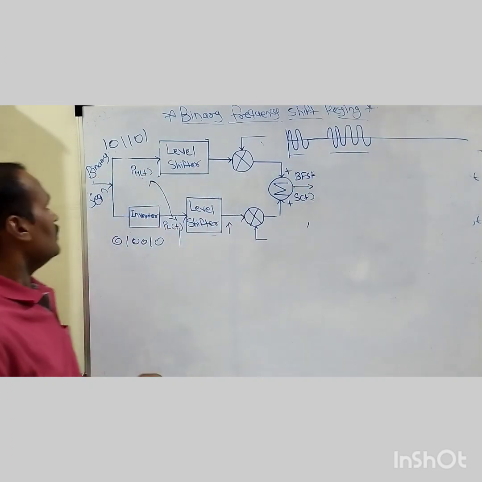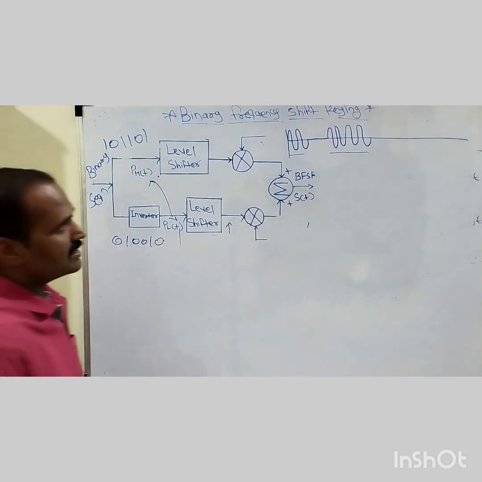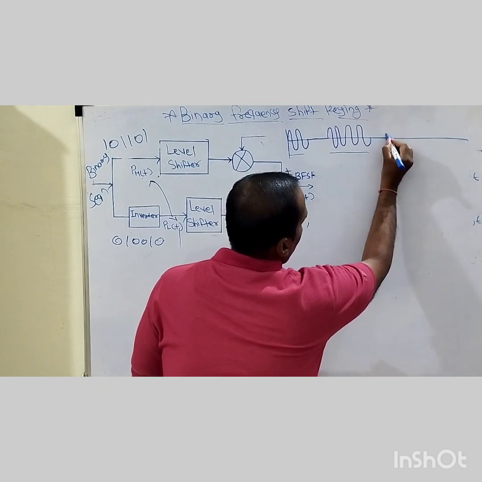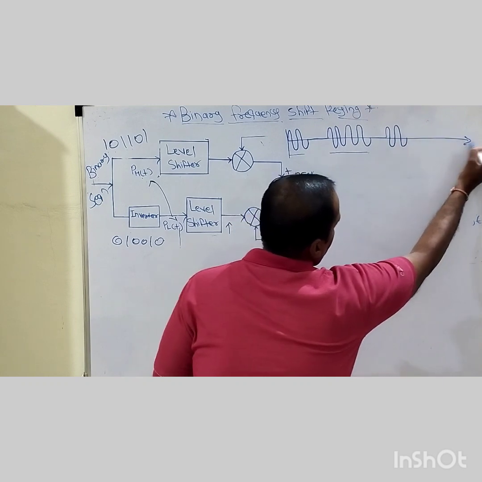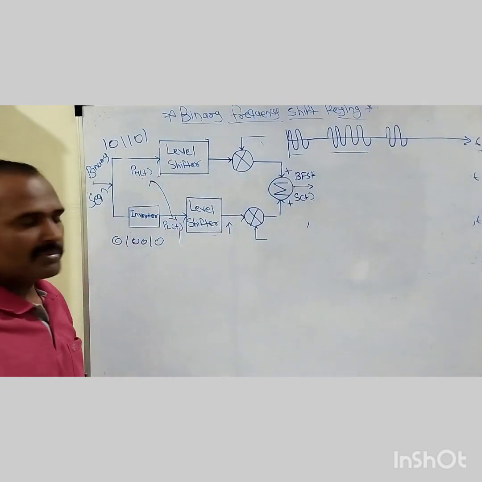Bit number 5 is again 0, and bit number 6 is 1. For 0 the output of the level shifter is 0, and for binary 1 the high frequency is represented with respect to t. So this is how the output of the upper multiplier will look.